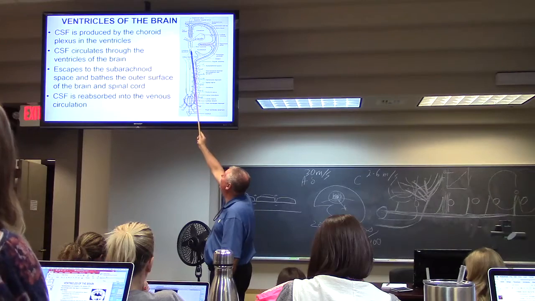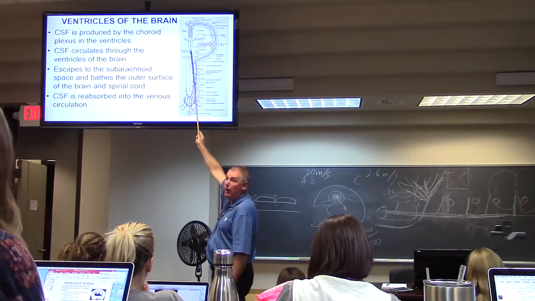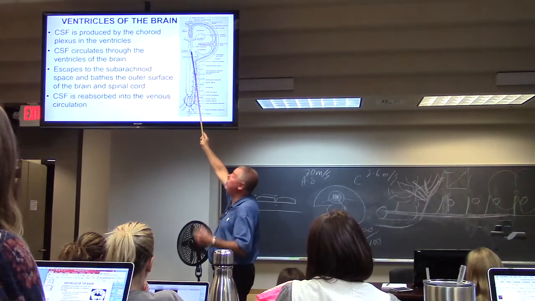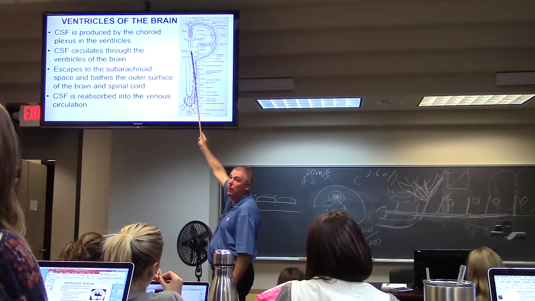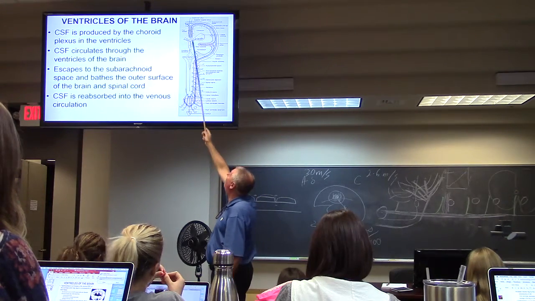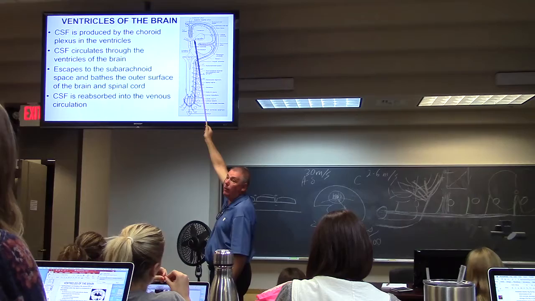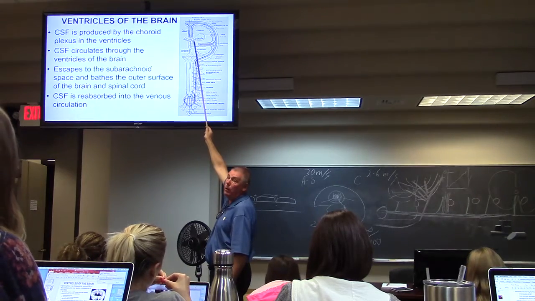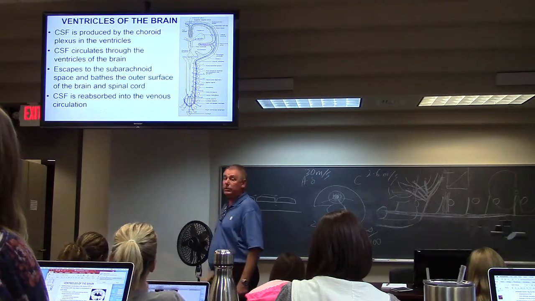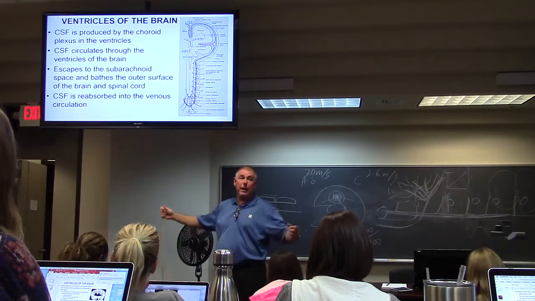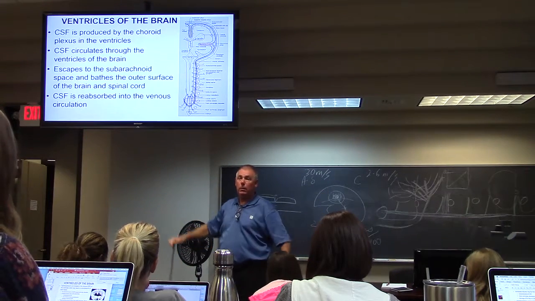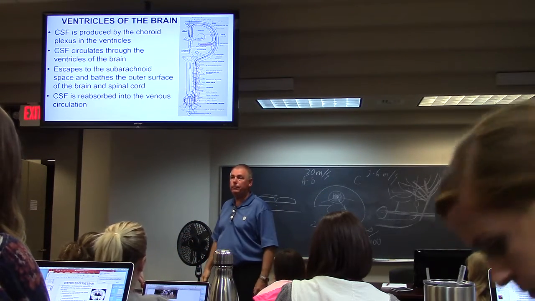If I put a little tumor right there, I could block the whole third and lateral ventricles. If I put a tumor up here, I could block one lateral ventricle. It's going to keep producing CSF, and it's going to keep expanding that ventricle. That's hydrocephalus.